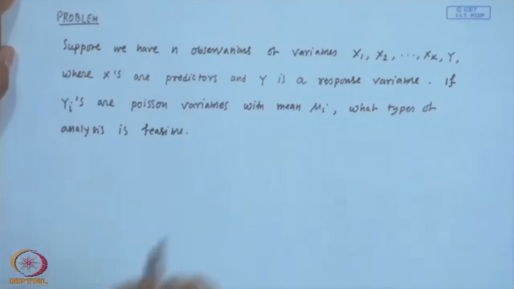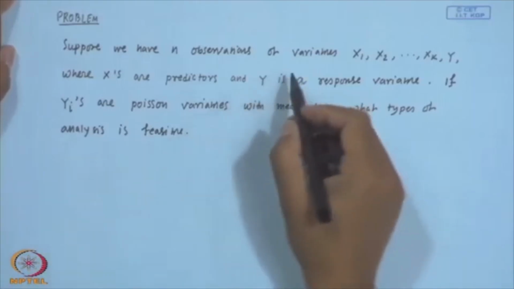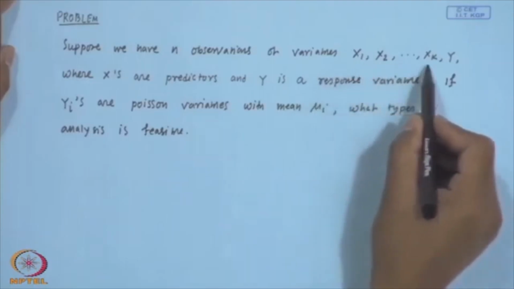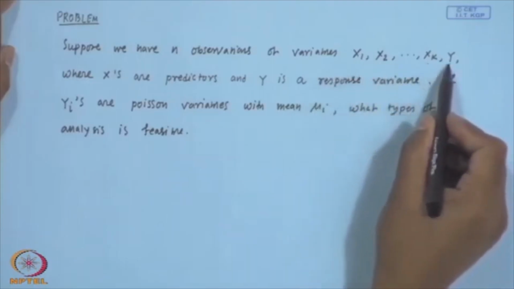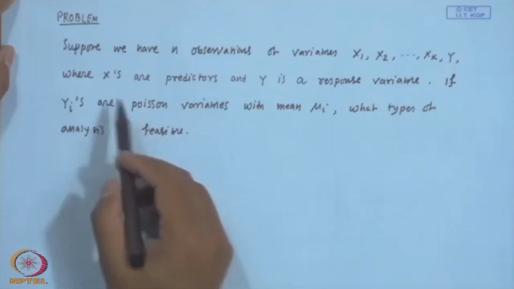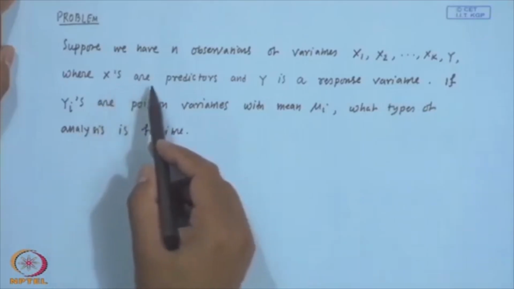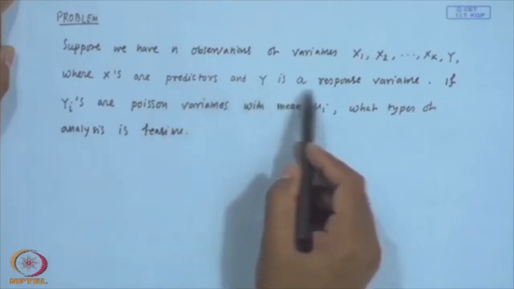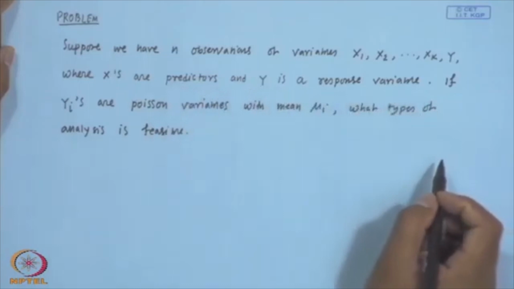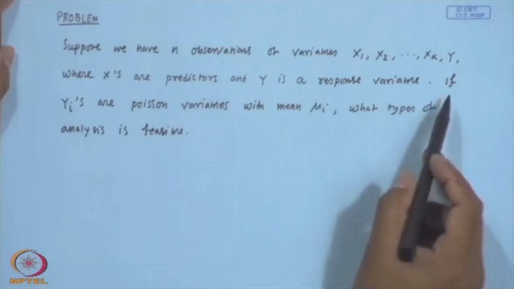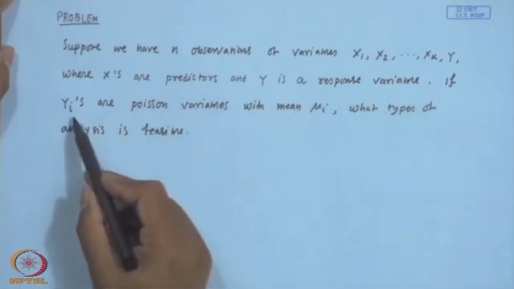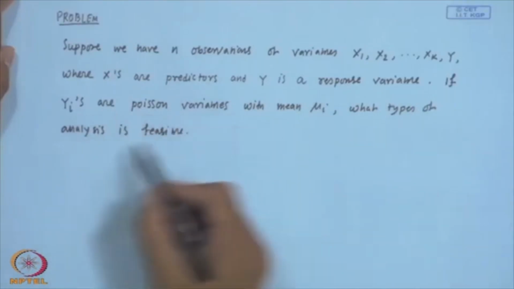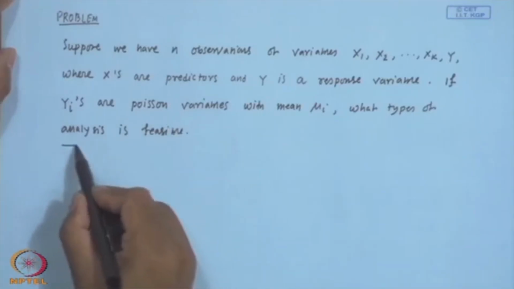Well, so this problem says that suppose we have n observations of variables x1, x2, ..., xk, y, where x are regressor variables and y is a response variable. And the question is, if the y_i's are Poisson variables with mean mu_i, what type of analysis is feasible?